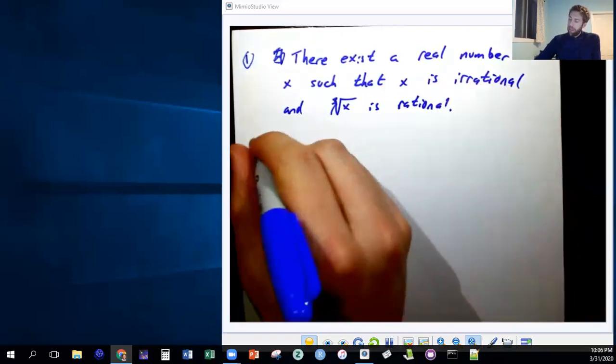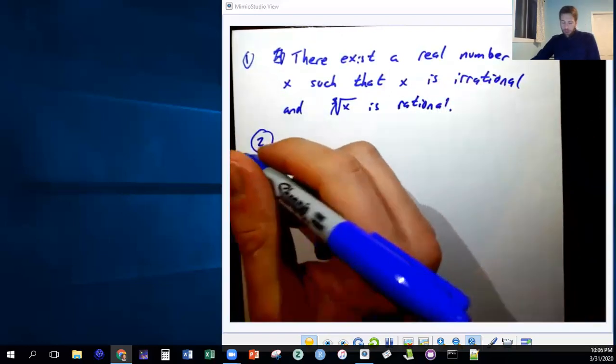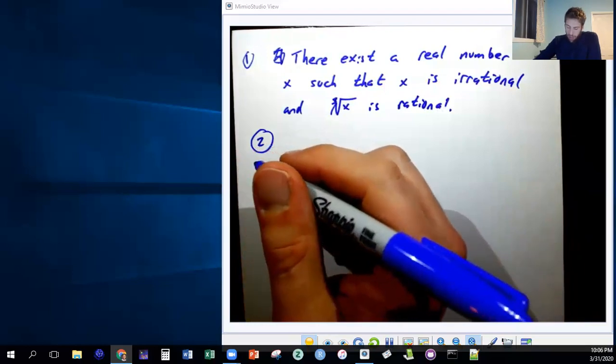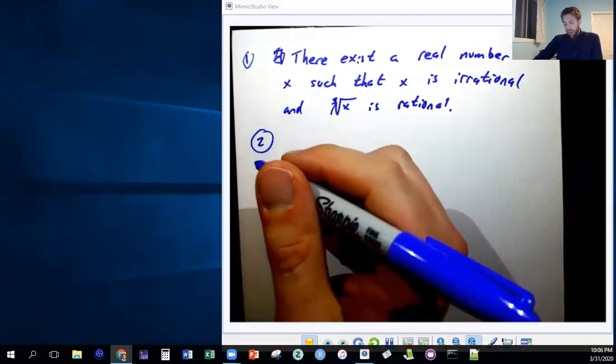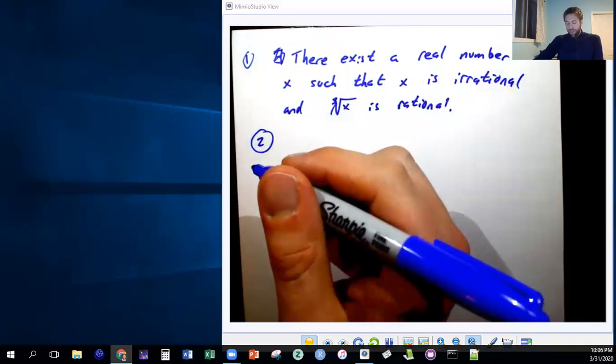Okay, statement number two. For each real number x, this thing is irrational or that thing is irrational.